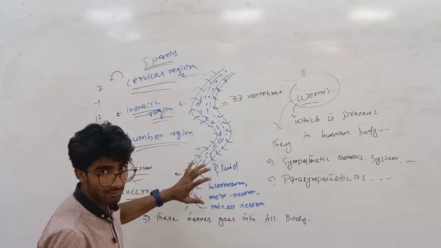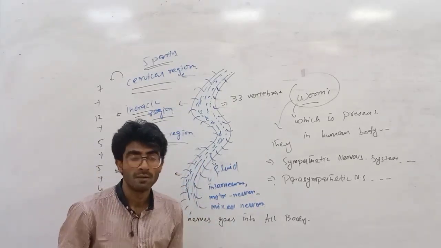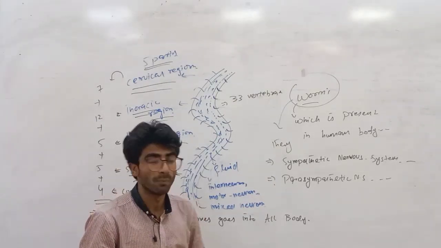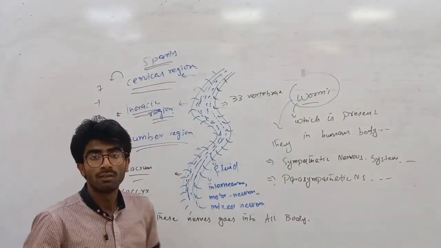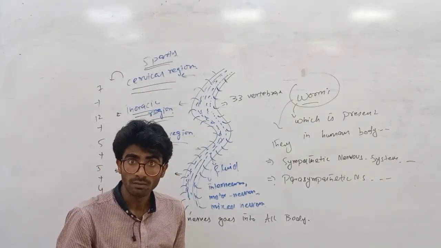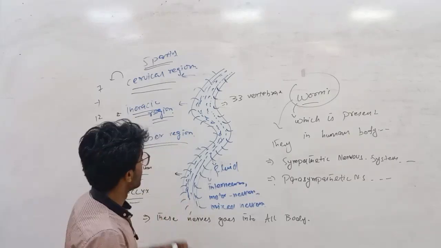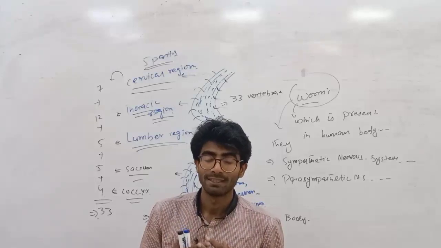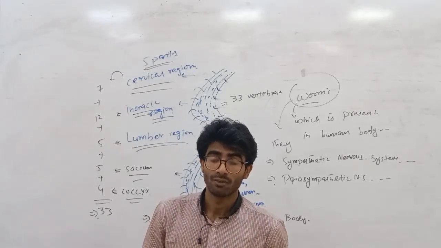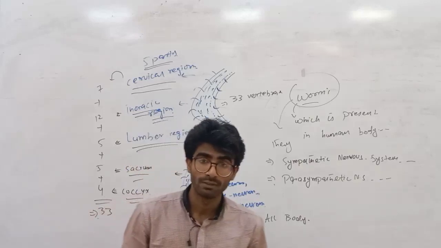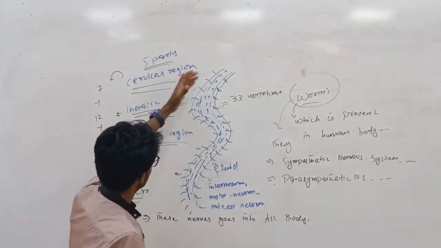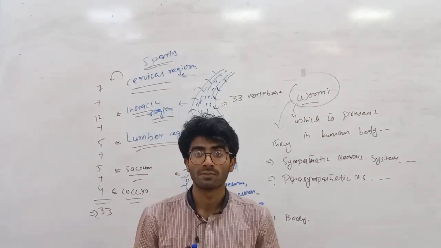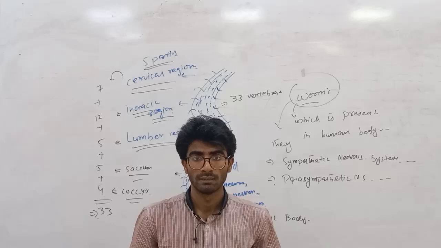The vertebral column is divided into 5 regions: cervical, thoracic, lumbar, sacrum, and coccyx. This structure is the pillar of the body, and it supports the upper limb, the lower limb, the skull, the thoracic cage also, and it supports the spinal cord which is present inside the vertebral column, and the spinal nerves that surround our whole human body.